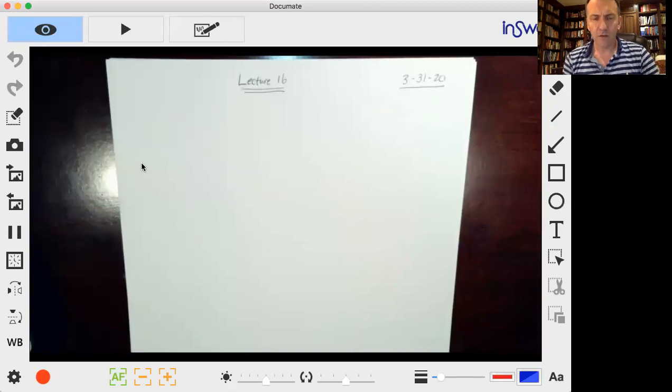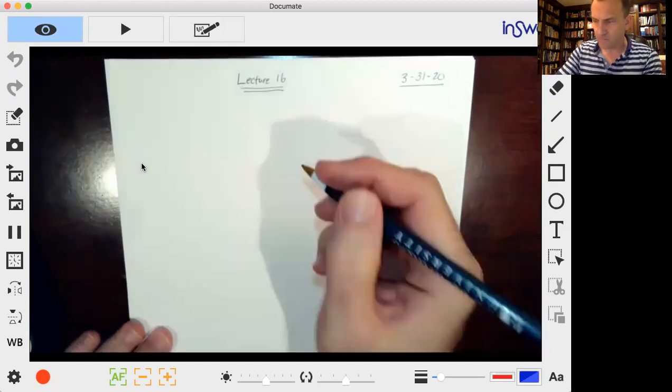Okay, so that was a quick review of what we did at our last meeting before spring break. Now I'd like to move on, still in section 5A, and talk about another partial molar quantity. This one is the partial molar Gibbs energy.